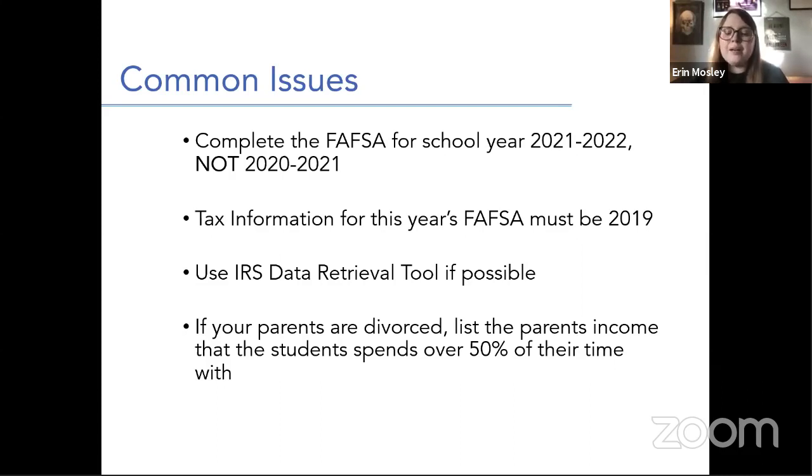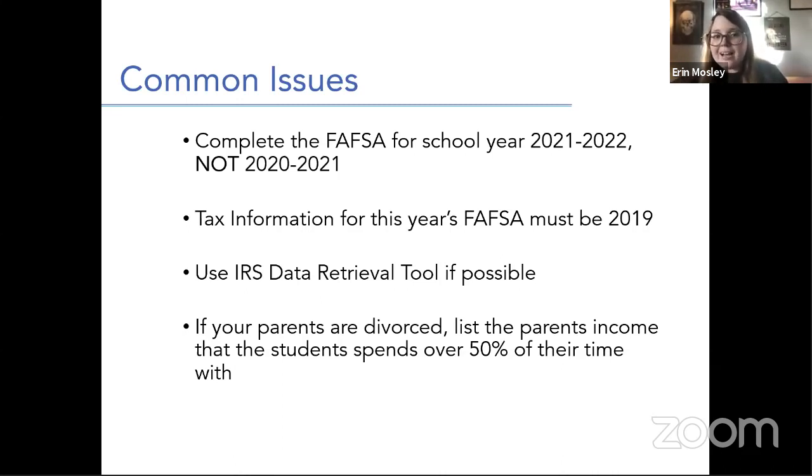The tax information must be from 2019. They did this so that parents hopefully have more opportunities to do their taxes prior to the opening of FAFSA. It allowed them to open it up earlier in the year, since people, for the most part, should have already completed their 2019 taxes.